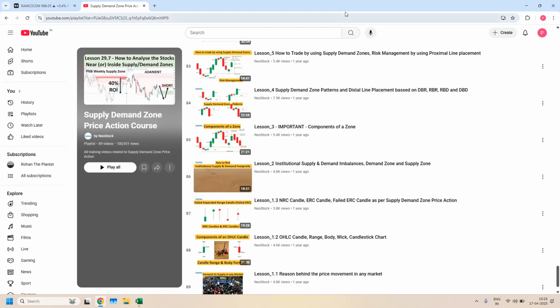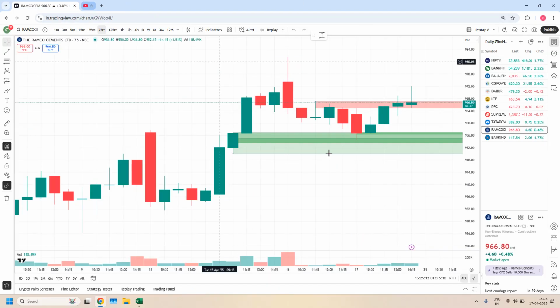Now let's get into the performance evaluation of our high liquidity zones. In yesterday's end of the day report, we identified 9 high liquidity zones from daily and 75 minutes time frame. Out of these 9, today you got 4 trades from 3 stocks and all 4 are executed one after one.